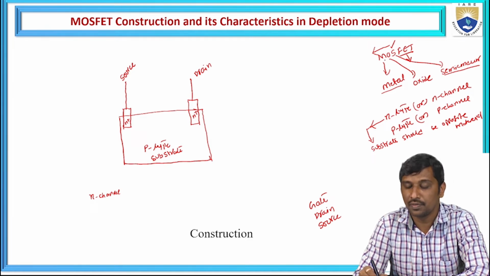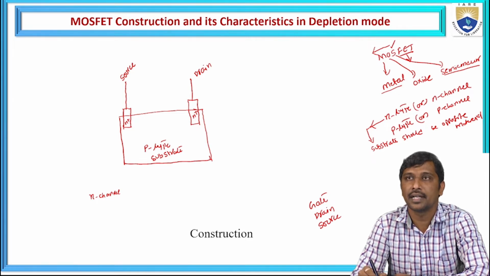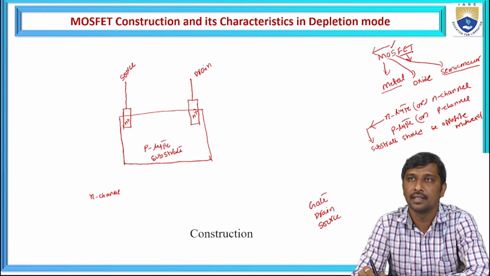If you observe, metal and semiconductor are the two conducting materials. If you want to separate the metal from the other conducting material, we need to place a dielectric media between these two conducting plates.